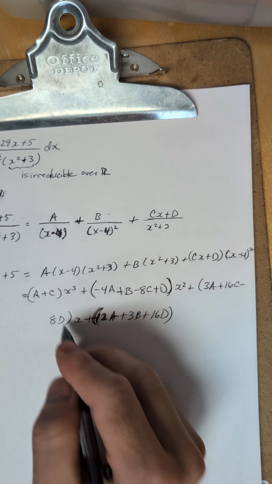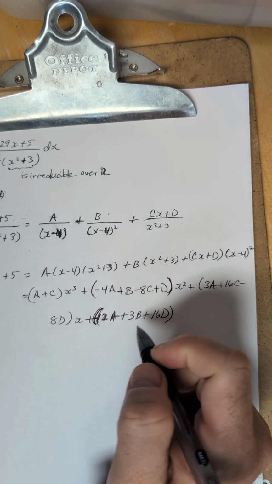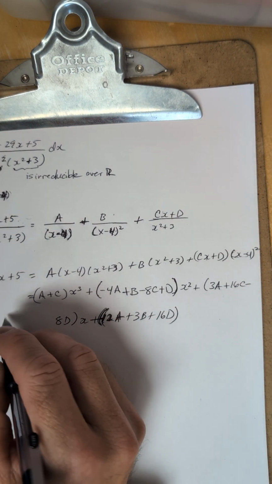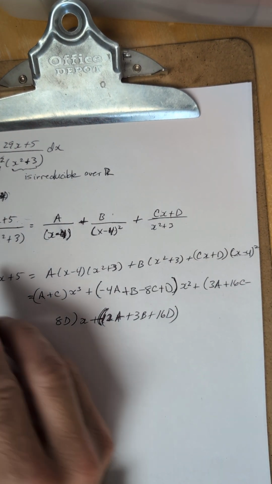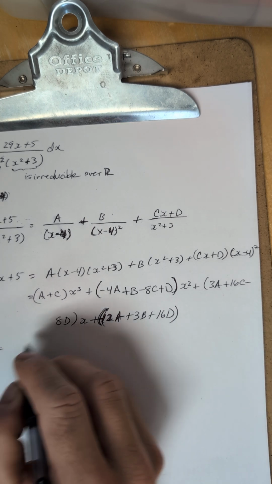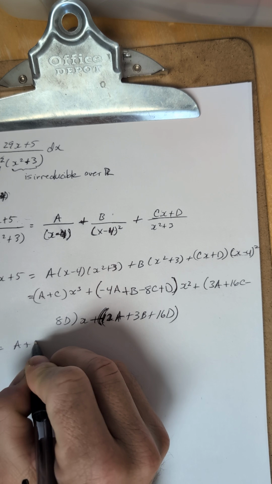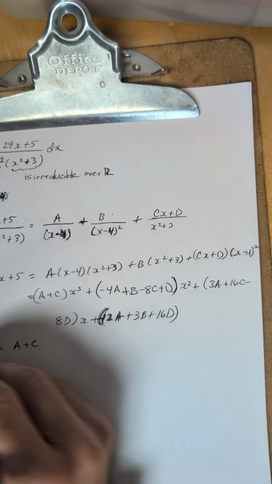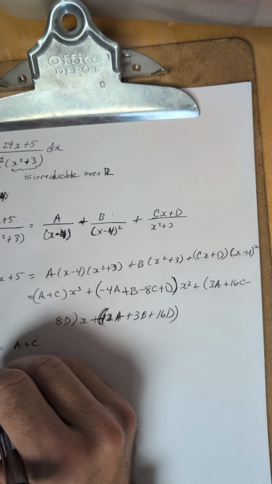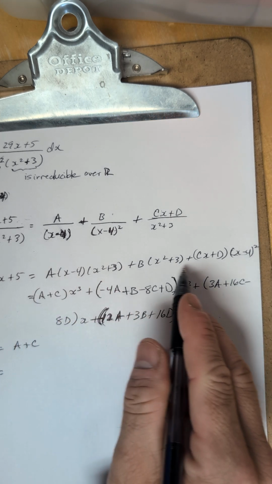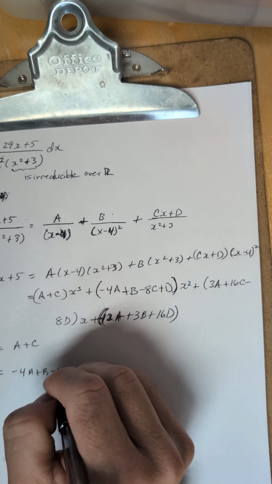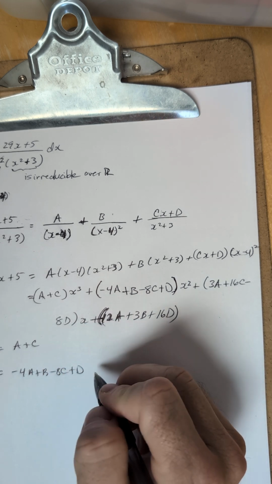Okay, so now we're going to use this and we're going to equate coefficients. In this regard, notice that there are no x cubes on the left hand side. So counting the x cubes, there are 0 on this side, and then there's an A plus C on the right hand side. If we look at the x squared terms, there's a 1 on the left hand side, and there is a minus 4A plus B minus 8C plus D on the right hand side.